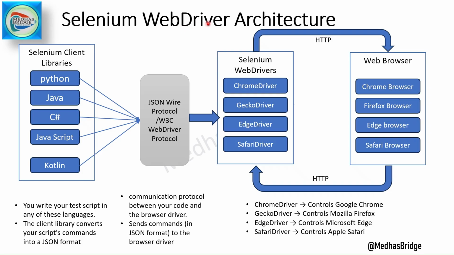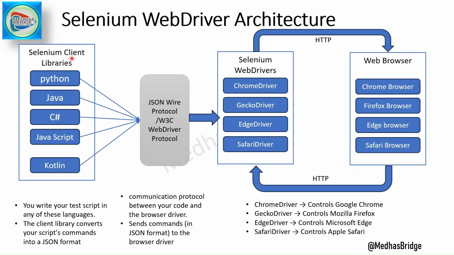Selenium WebDriver architecture. Let's look at the components and their interaction. We have the Selenium client library, a protocol called JSON Wire Protocol or W3C WebDriver Protocol, Selenium WebDrivers, and browsers. These are the subcomponents you can see in the Selenium WebDriver architecture.